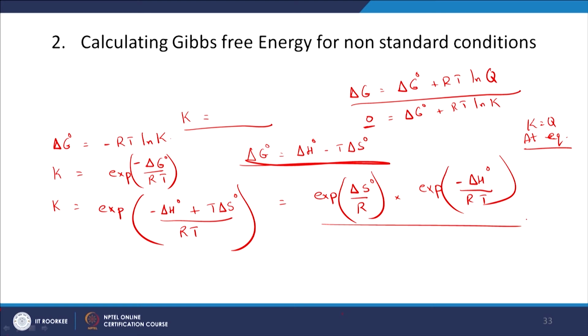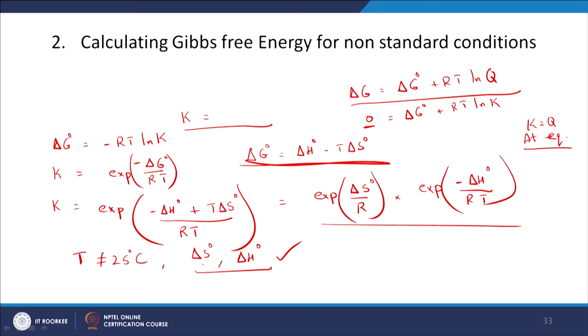And so here we are going to proceed with one assumption: even if the temperature is not at the standard condition of 25 degrees centigrade, we are assuming that delta S naught and delta H naught are not going to change. In general, the error associated with such an assumption is relatively minimal, and we can go through with this assumption.